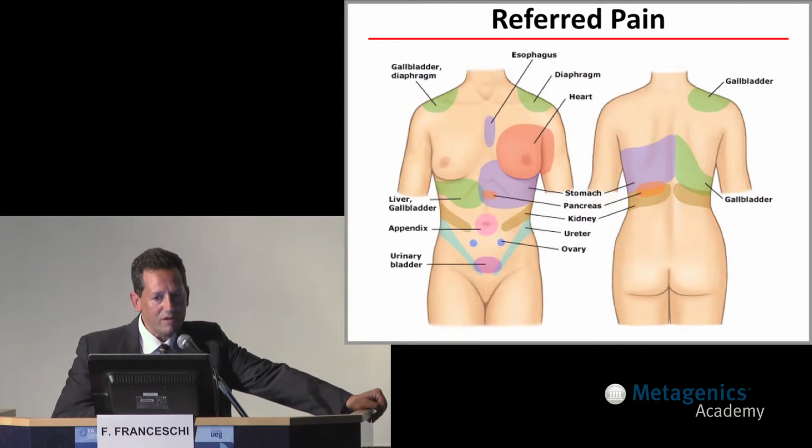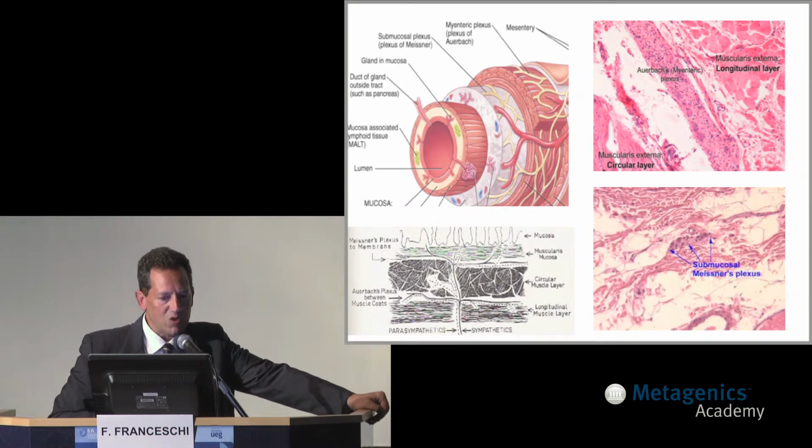Then we have to consider referred pain, which is very important. If you talk about liver or gallbladder, you may have a referred pain which sometimes confuses the whole picture.